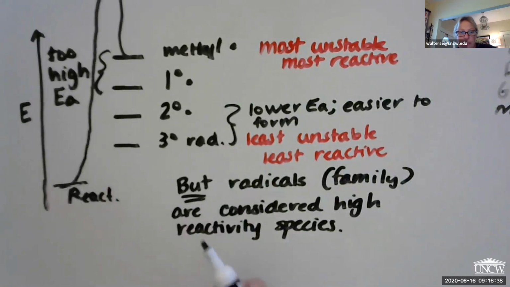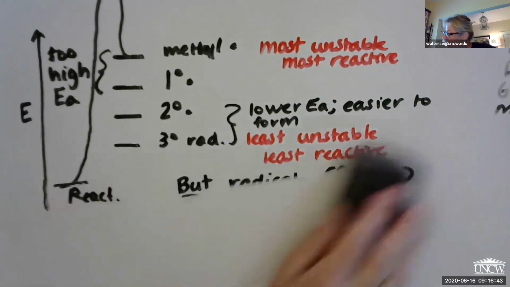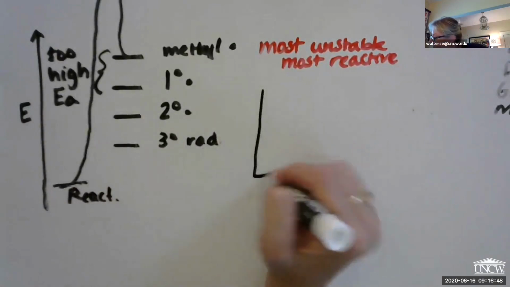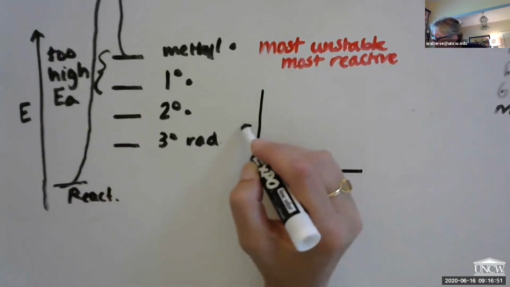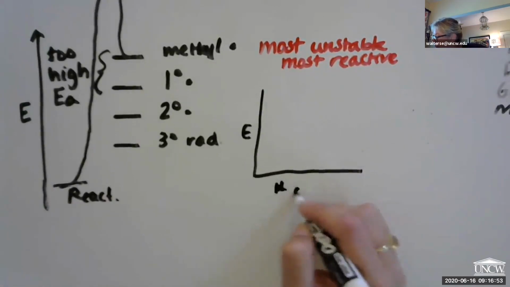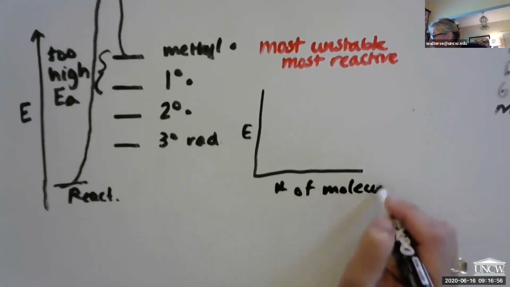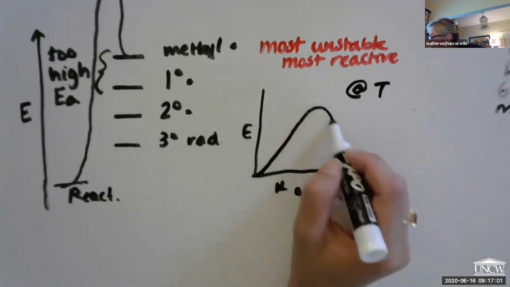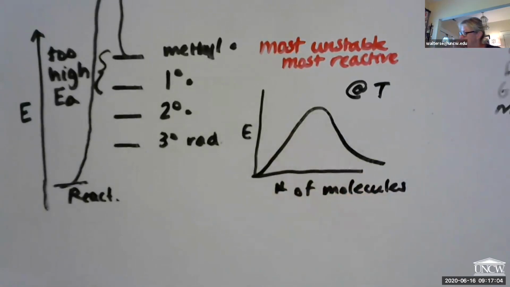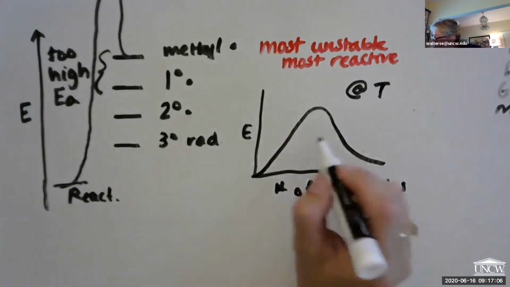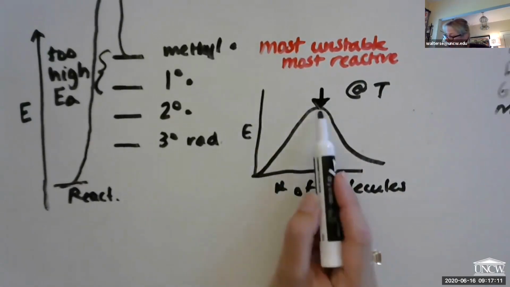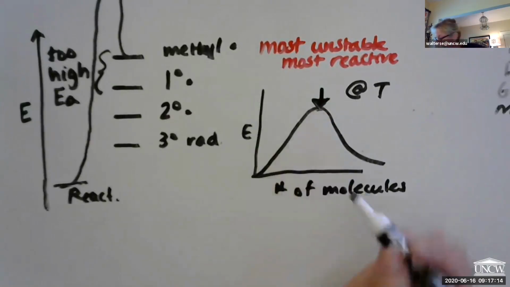But everything's a probability. If you look at an energy diagram, where you have the number of molecules in your sample at some temperature, you have a distribution that looks like a Maxwell-Boltzmann distribution. So most of the molecules have this energy associated with them.